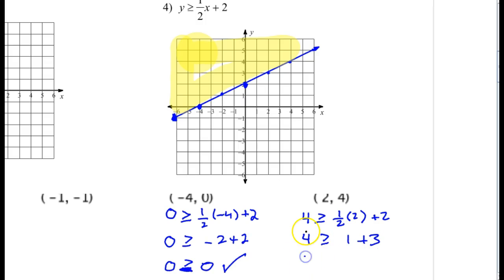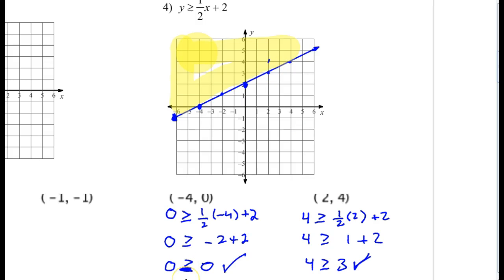And nope, that's not right. 2. And is 4 greater than or equal to 3? Yeah, that's true. And 2 comma 4? Yep, that's right here. It's in the shaded area, so the fact that it's true here and it's in the shaded area here means you've definitely shaded the right place.